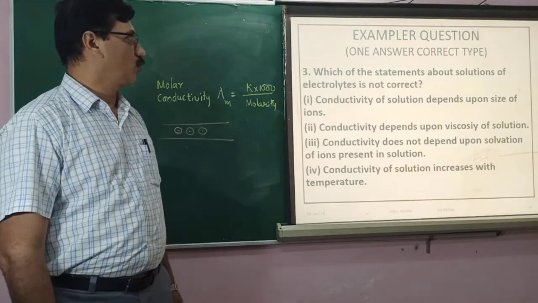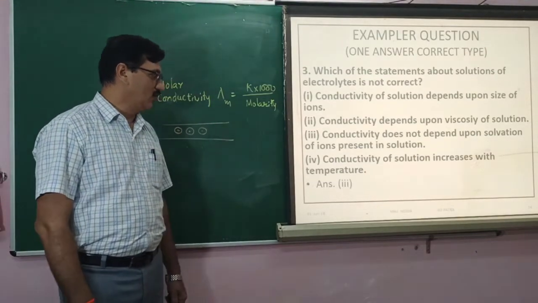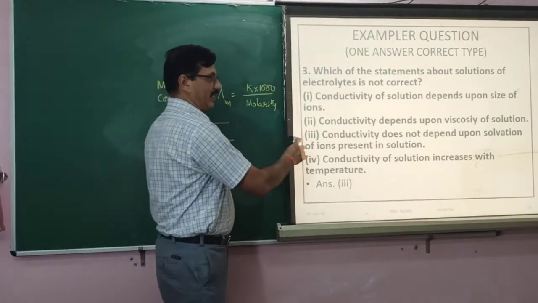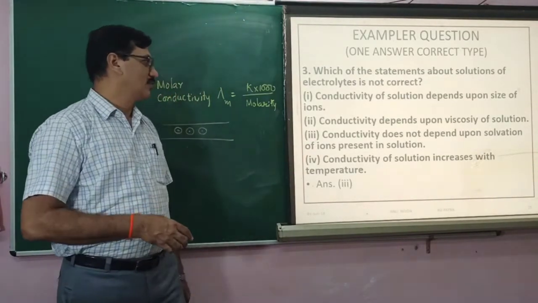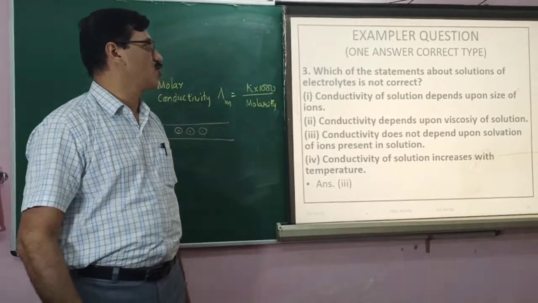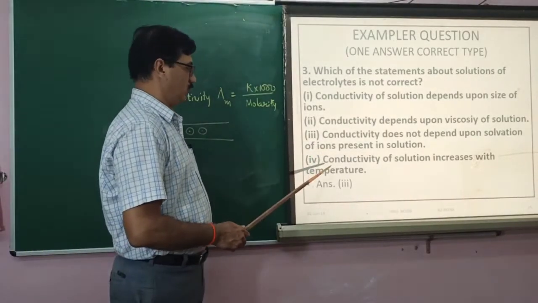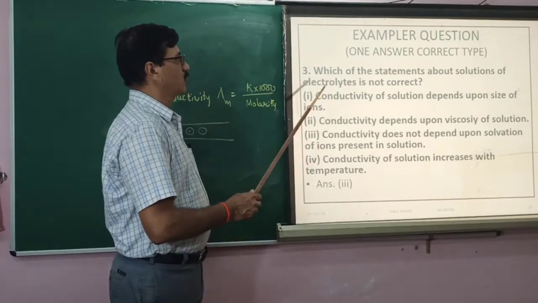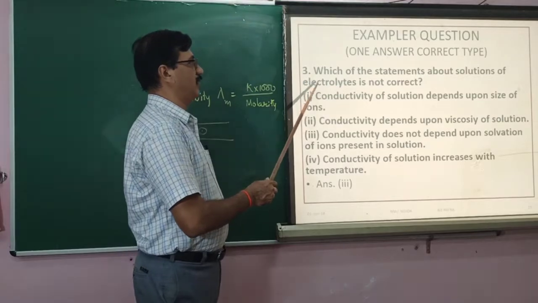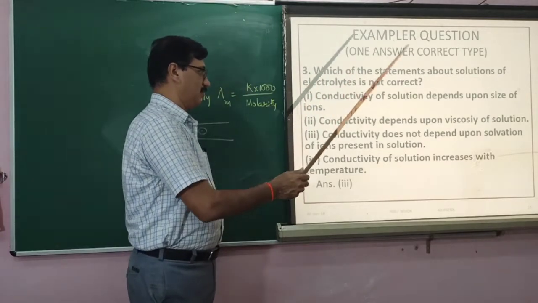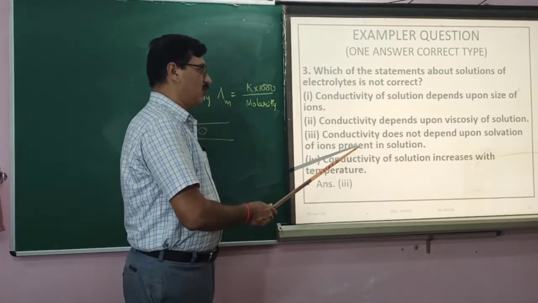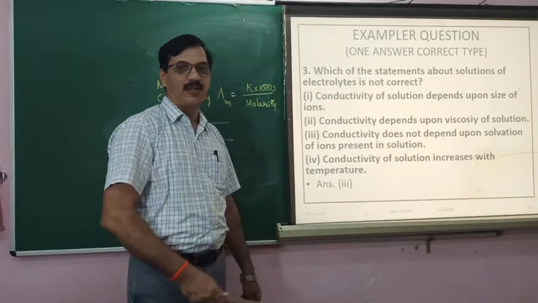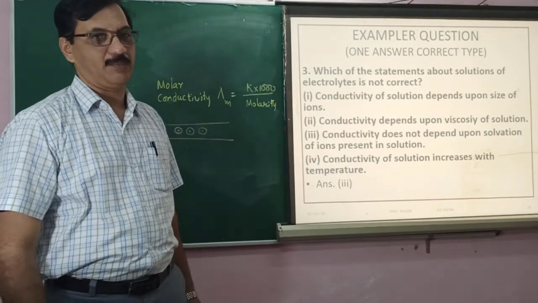Now, what would be the answer for this? This one, conductivity does not depend upon the solvation of ions present in the solution, is not correct. It depends upon the solvation, but it says it does not depend. Therefore, it is a wrong statement.